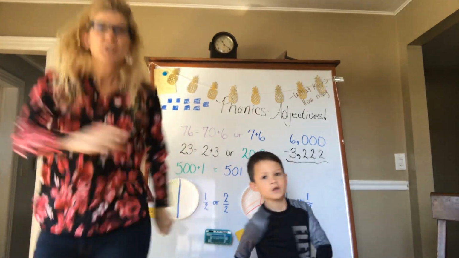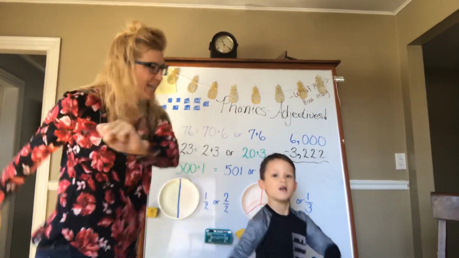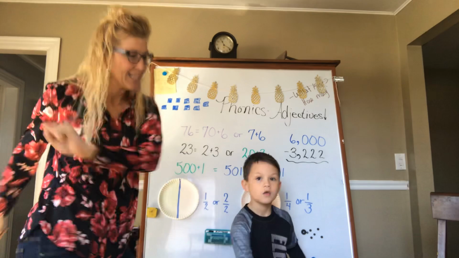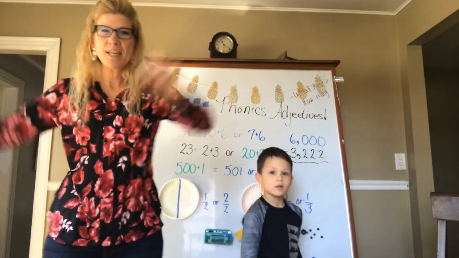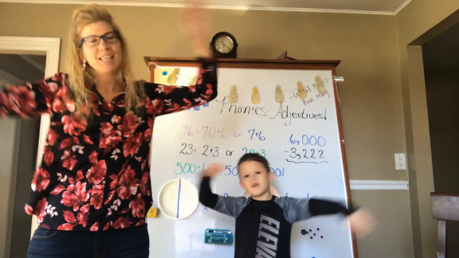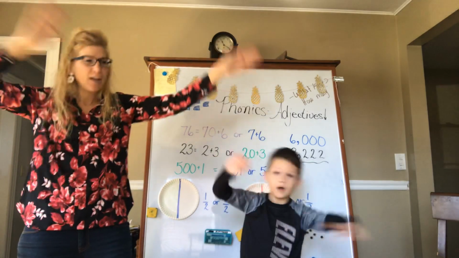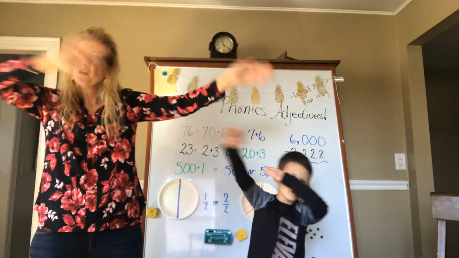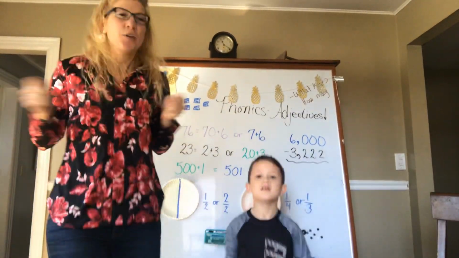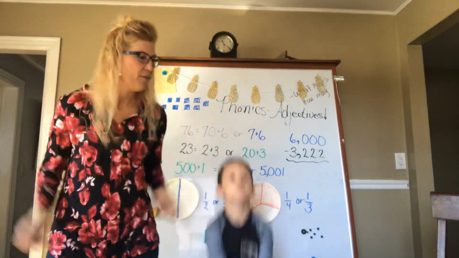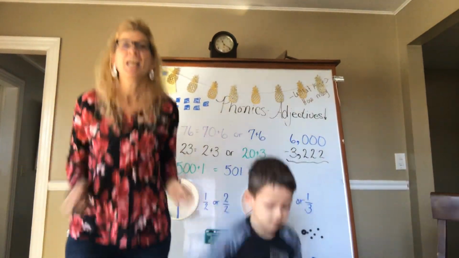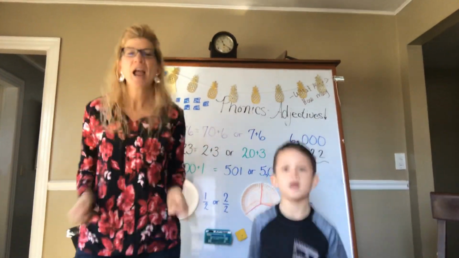Begin. 1, 2, 3, 4, 5, 6, 7, 8, 9, 10, 11, 12, 13, 14, 15, 16, 17, 18, 19, 20, 21, 22, 23, 24, 25, 26, 27, 28, 29, 30, 31, 32, 33, 34, 35, 36, 37, 38, 39, 40, 41, 42, 43, 44, 45, 46, 47, 48, 49, 50.